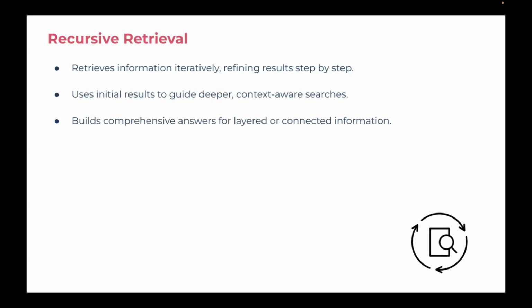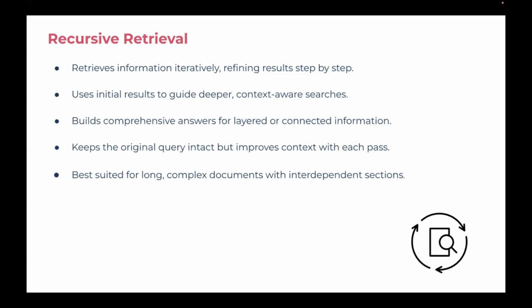So this builds context progressively and is used to handle layered or nested information. Again, this is also useful when you're looking to retrieve data from different segments of the document, when you have complex queries, and when you are dealing with layout heavy documents where you might have infographics or slightly difficult formats.